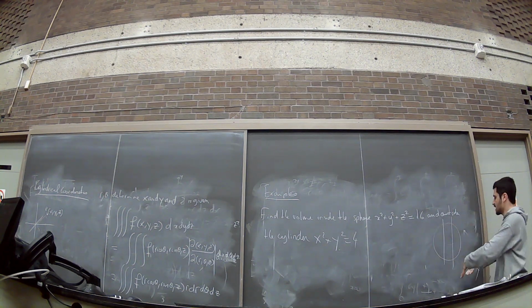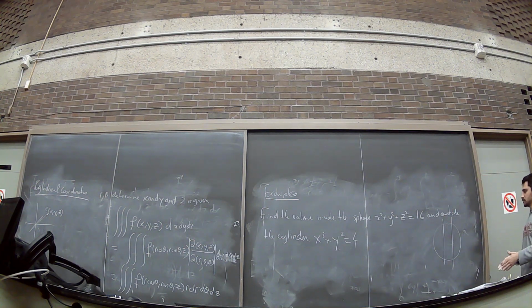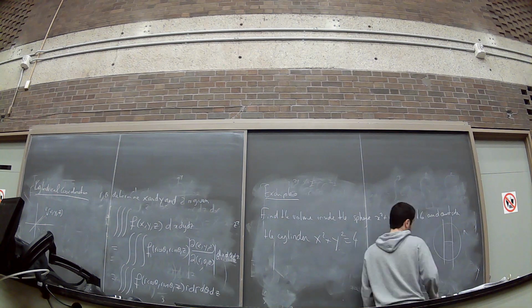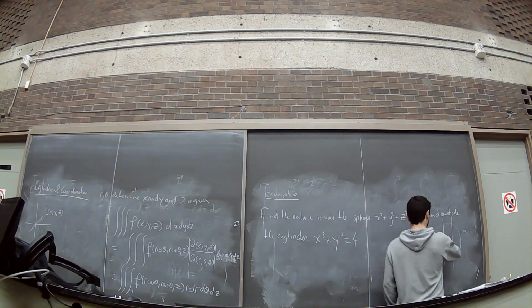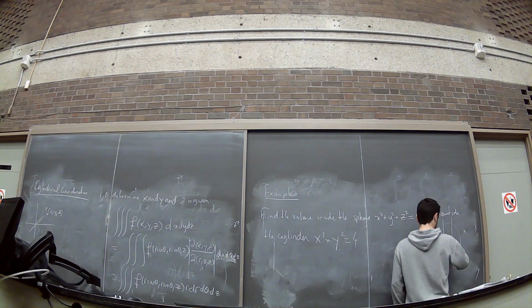So what is happening here is that I'm cutting my sphere. See what's happening, right? It's like maybe you're drilling a hole of radius 2 inside the sphere. And then I'm just asking you to find this volume.